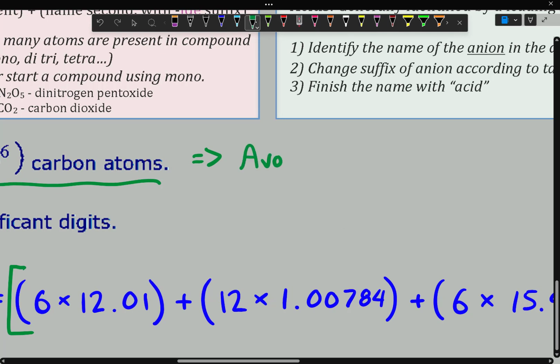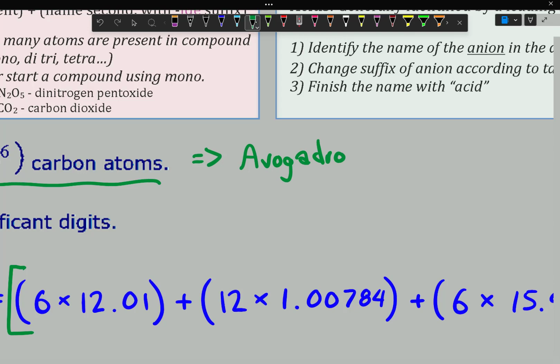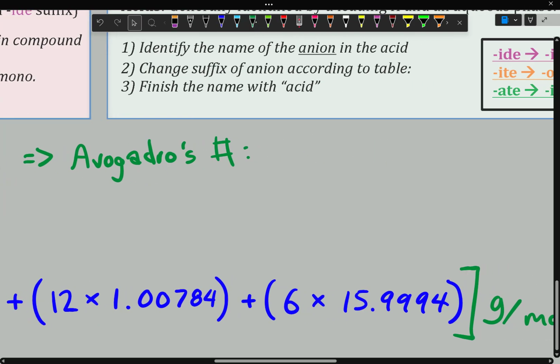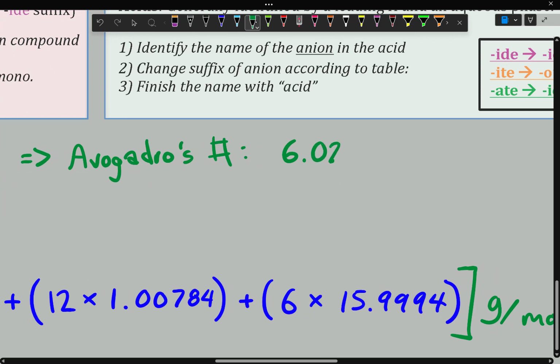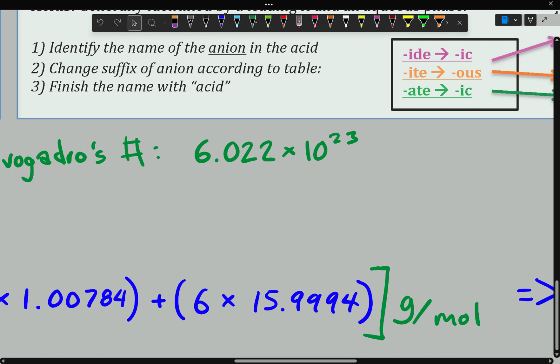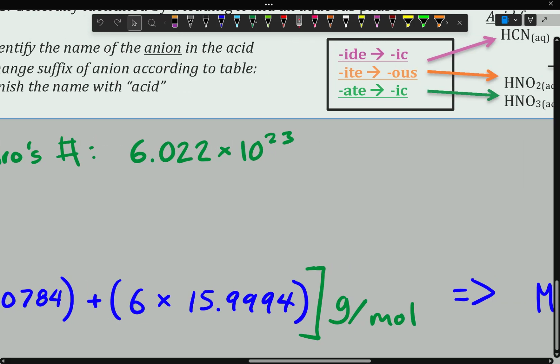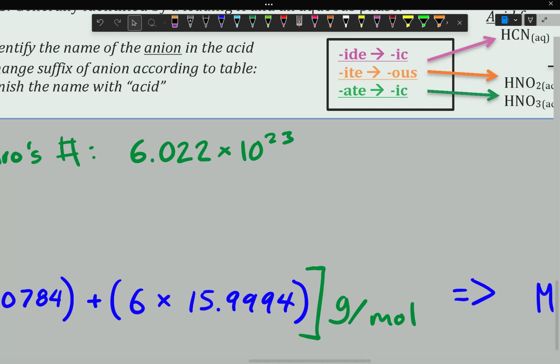So Avogadro's number is 6.022 times 10 to the 22nd. And this number by itself is technically unitless. You could have 6.00 times 10 to the 22nd apples, or oranges.